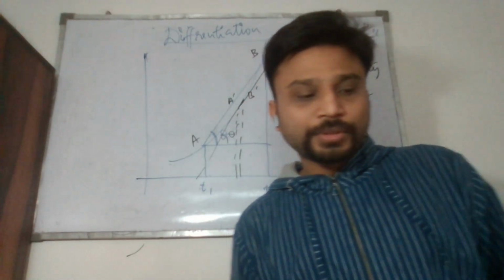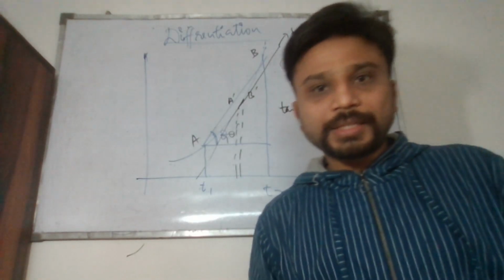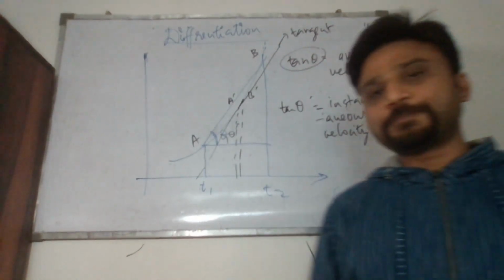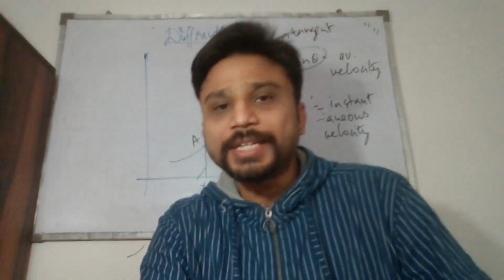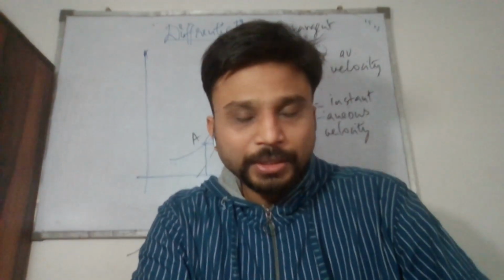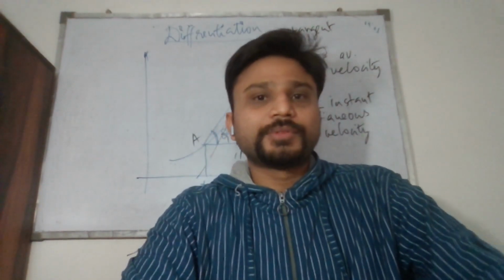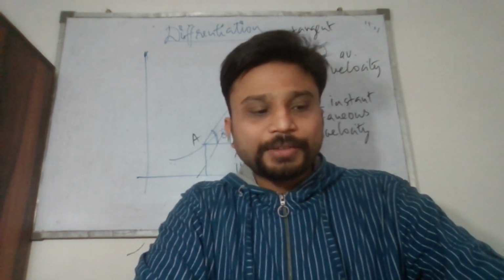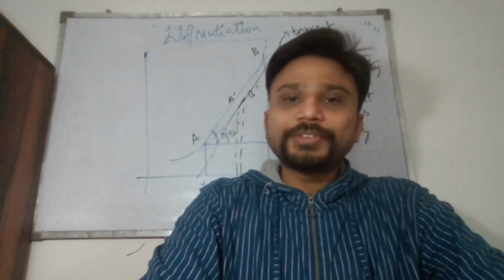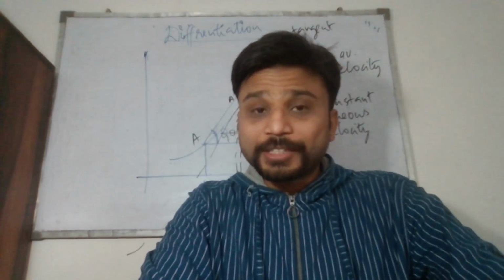Right. So this is what instantaneous velocity means. We have to use the definition of average velocity, that is delta x by delta t. Now, by that definition, we have to take two time instants. And for an instant, if we take that definition, delta t becomes zero, and that is the problem.